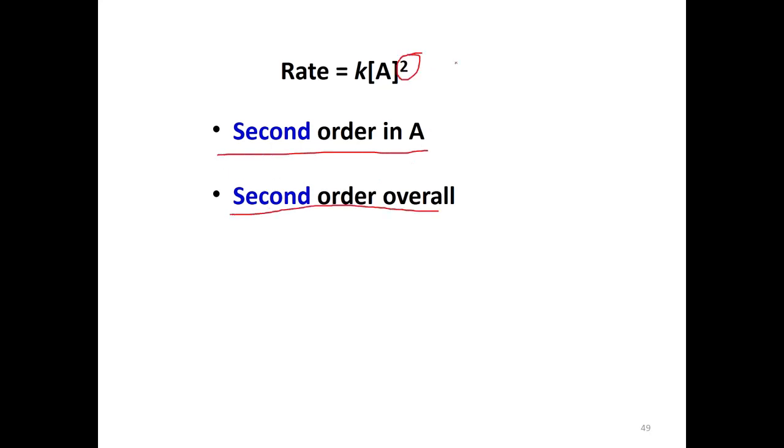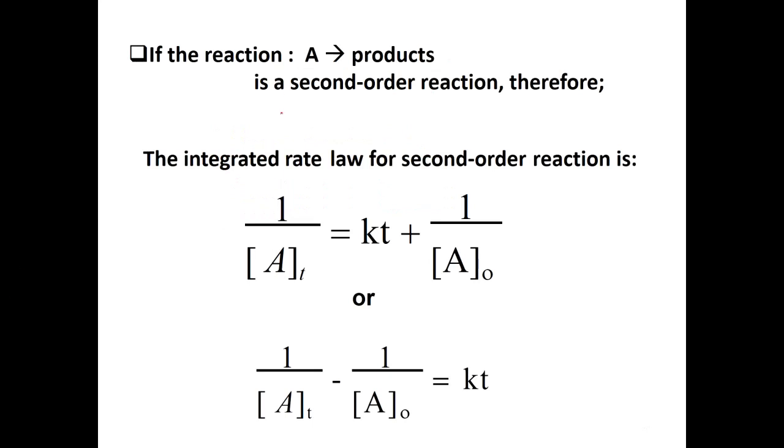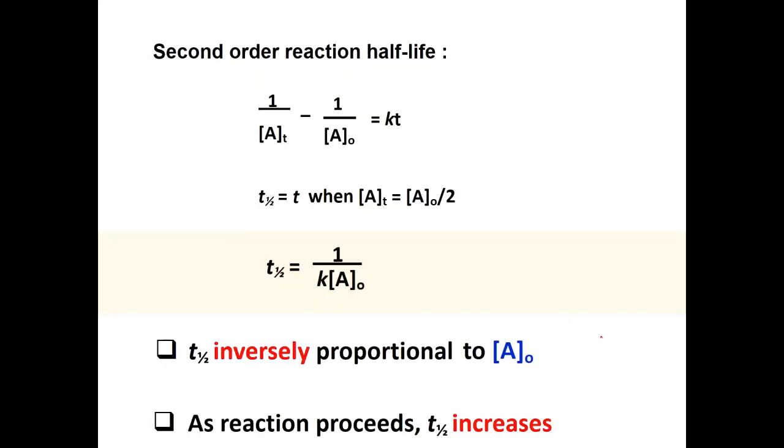If the reaction A to produce product is second order, therefore the integrated rate law for second order reaction will be like this. For the half-life, let's say this one is equation 1, this one is equation 2, this one is equation 3.